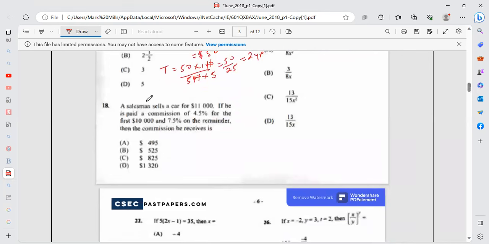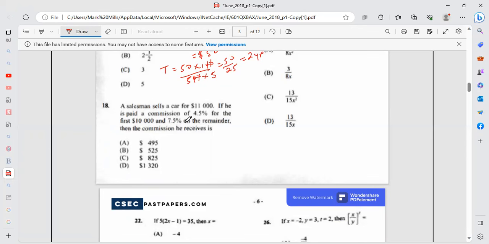Number 18. A salesman sells a car for 11,000. If he is paid a commission of 4.5%, right? For the first 10,000 and 7.5% for the remainder, what commission does he receive? How will I approach this question?